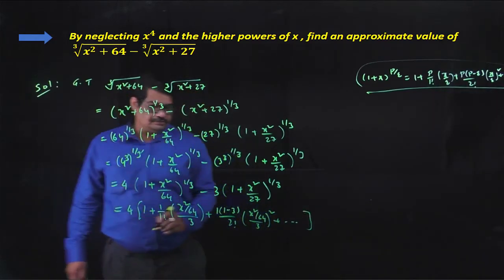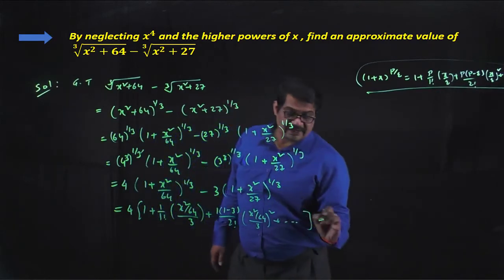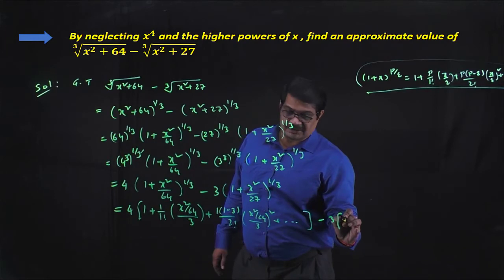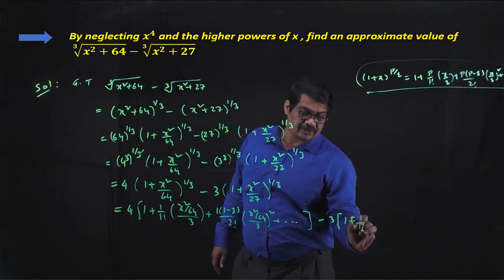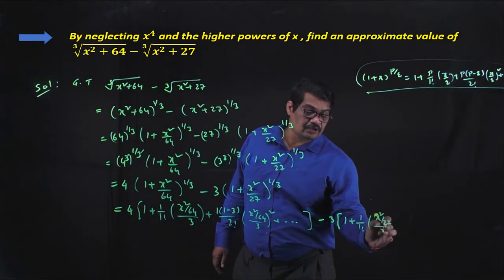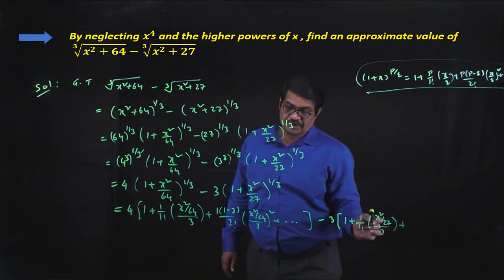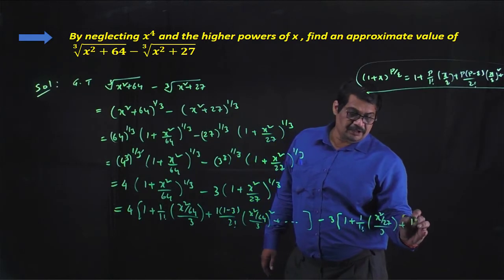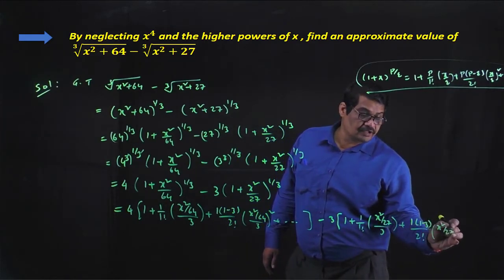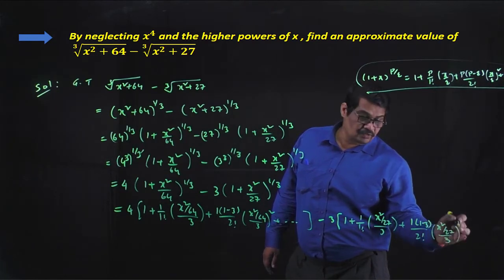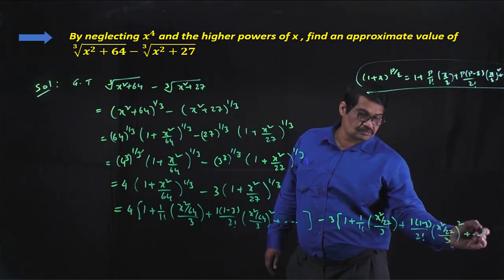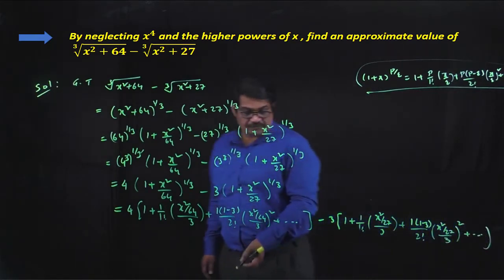Okay, so these are the terms, minus 3 into this expansion: 1 plus p by 1 factorial into x by q, where x is x square by 27 and q is 3, plus p into (p minus q) by 2 factorial into (x square by 27 by 3) whole square, plus so on. This is the expansion of these two.